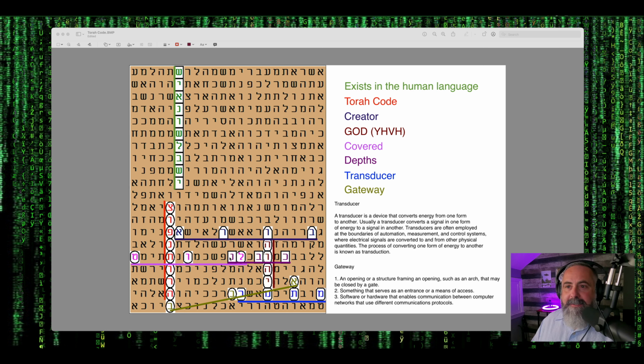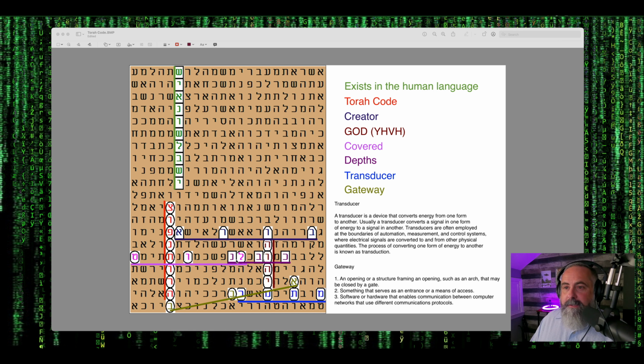So again, it's telling us that the Bible code is concealed within the Bible itself. The Torah Code is concealed, and it exists in the human language of numbers, of math, of the code itself, the code that makes up this simulation.